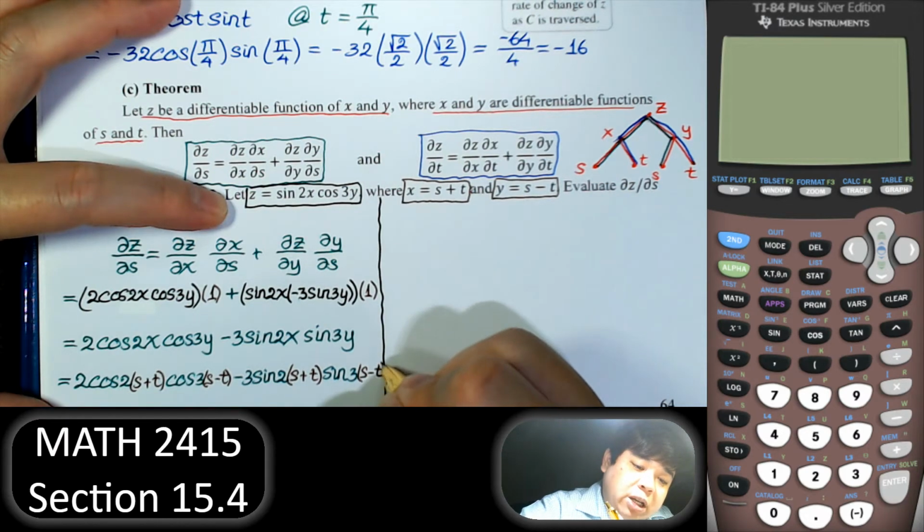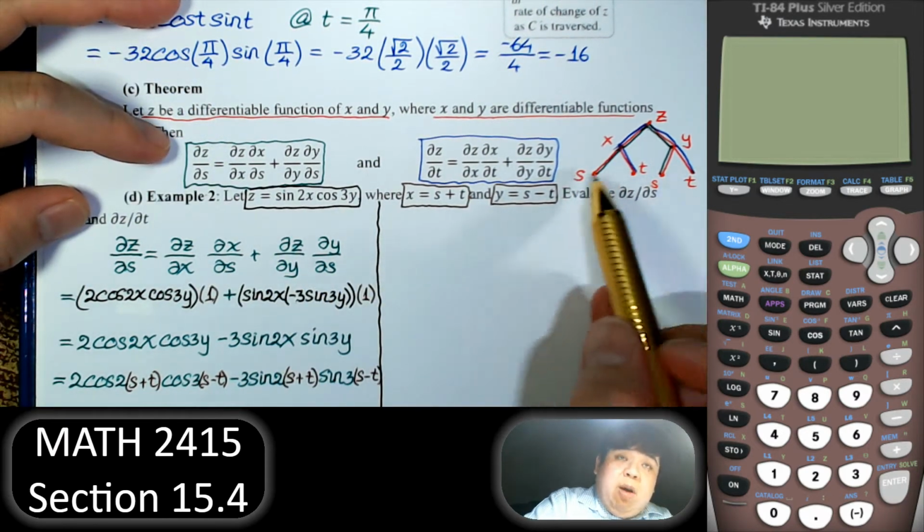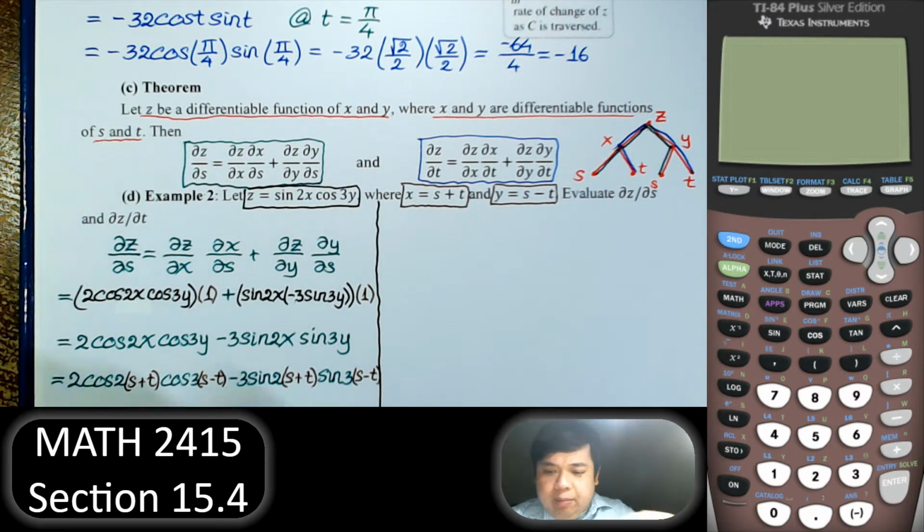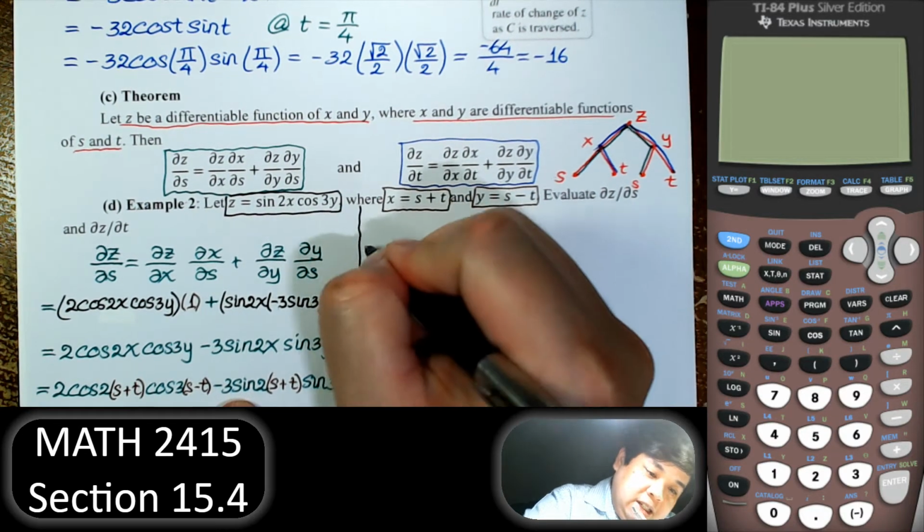Remember, the answer has to be in terms of the bottom variables, s and t here. Right, and I will do the same thing for dz over dt.